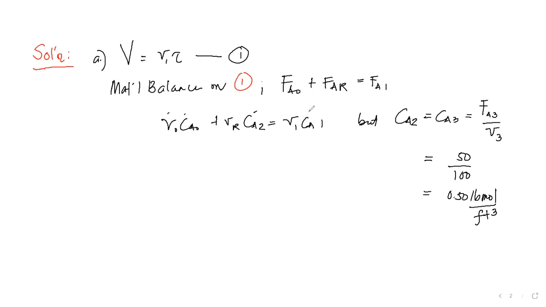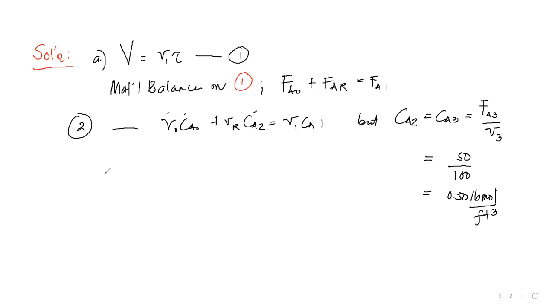Then CA1 also is not known yet. Since not all the information that we need is in here, we can label this temporarily as our equation 2. So this is our equation 1 and this is our equation 2.